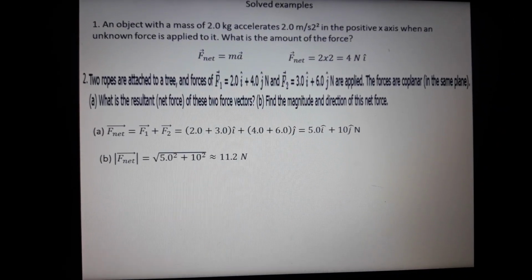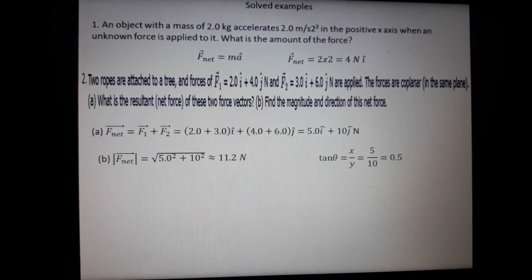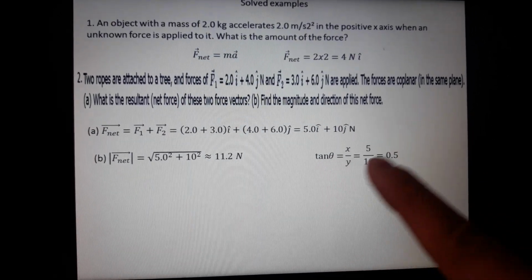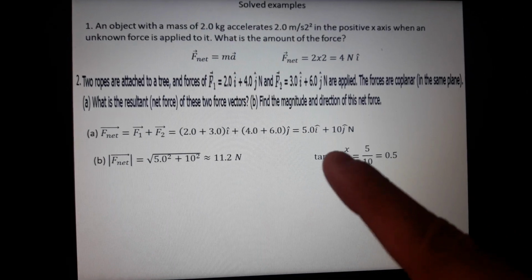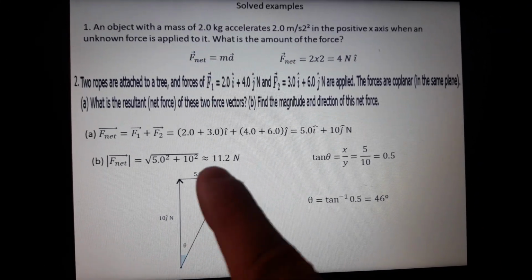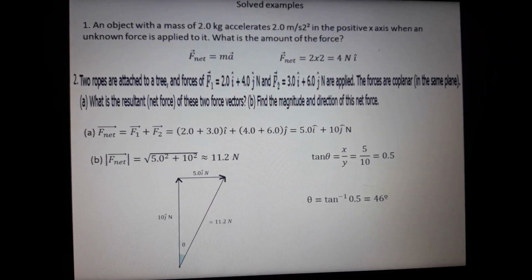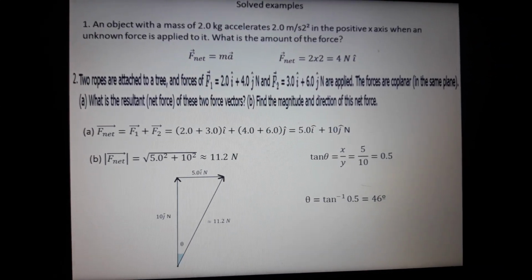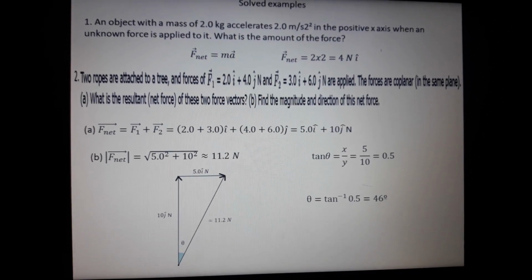We have a lesson about vectors too. So we will need to find the direction. What is the angle here? We will use tangent to solve, and we have this picture, and we have almost 46 degrees.